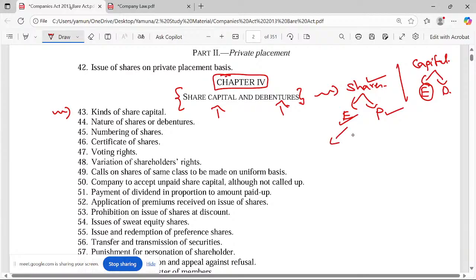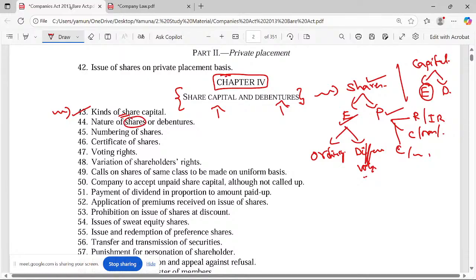Under equity shares, that is ordinary equity shares, and differential shares with differential voting rights or differential dividend. Again, if you go for preference shares, it can be redeemable or irredeemable, cumulative or non-cumulative, convertible or non-convertible, and so on. So section 43, we start with kinds of share capital.